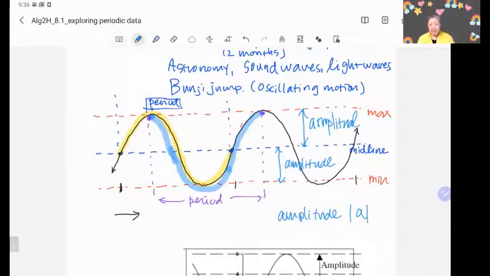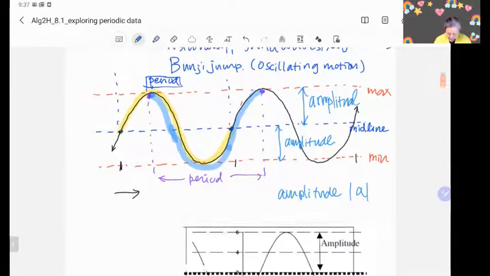It's technically translation, the horizontal shift or vertical shift, but we call it phase shift instead of horizontal shift, and midline change instead of vertical shift. I don't really care whether it's called phase shift or horizontal shift, because it's the same meaning. Okay, that's pretty much the parts here.